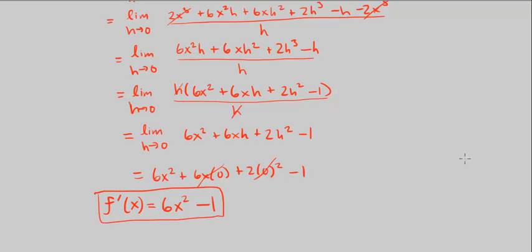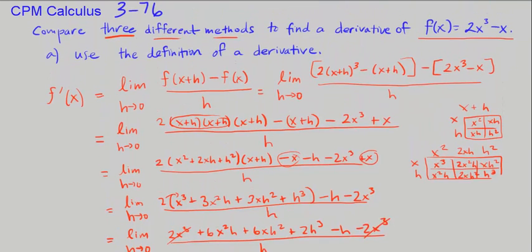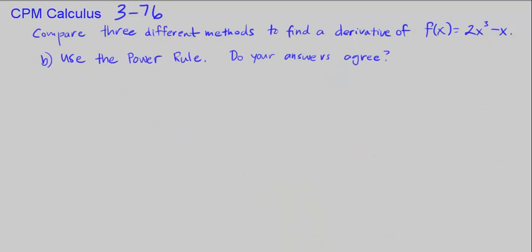That's our slope function. Okay, so that took a while, but that's good because we know that by the definition of the derivative, what our slope function is, 6x squared minus 1. Okay, so we use the definition of the derivative. Let's go on to part B.